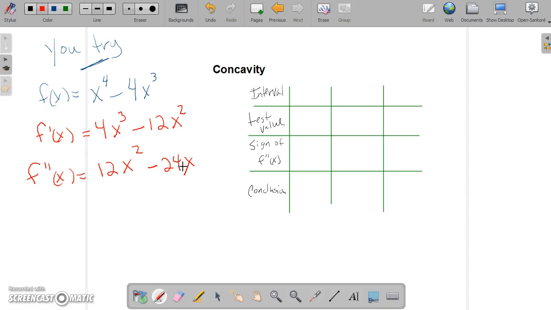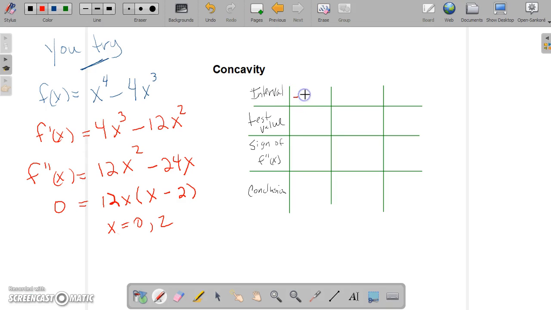Then you need to figure out where your points of inflection are. So you're going to set this equal to 0, and we could factor out a 12 and an x. And we would have x minus 2. So x can be 0 or 2. Those would be our points of inflection.